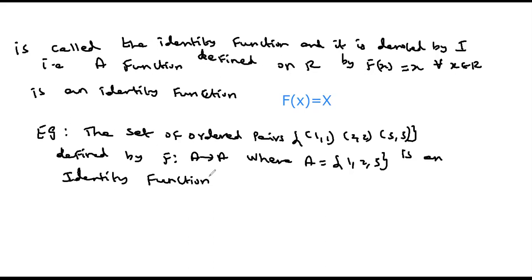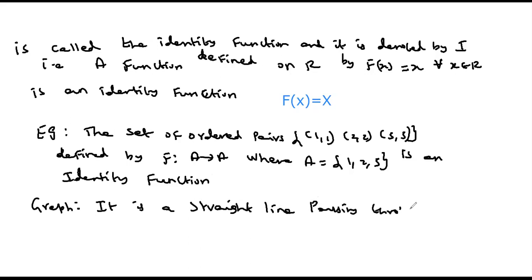The graph of an identity function is a straight line passing through the origin. Okay? How will its graph look? It is a straight line passing through origin. You have studied the concept of y equal to mx.